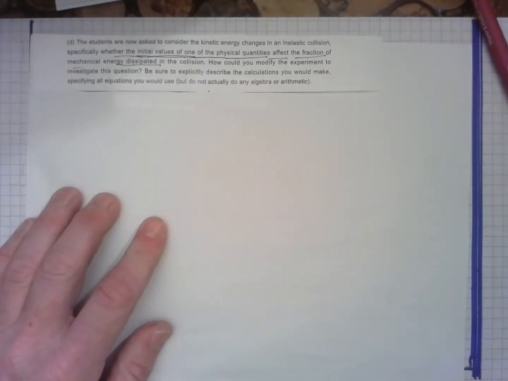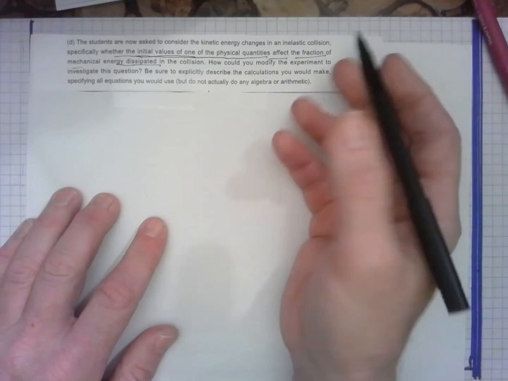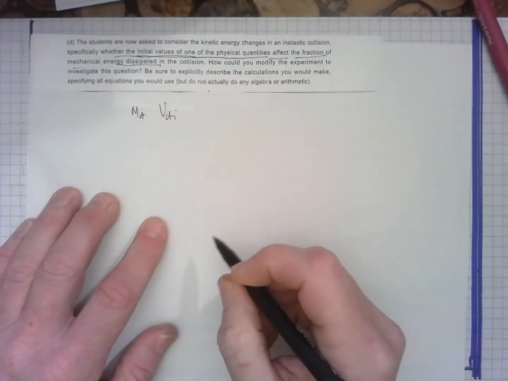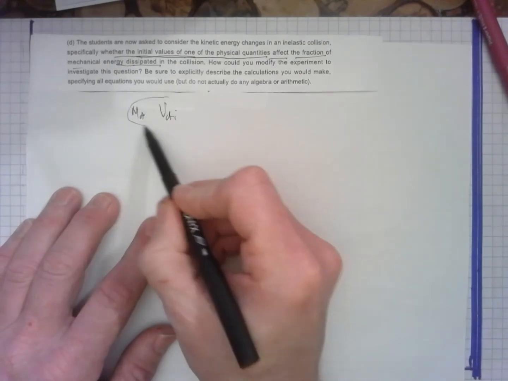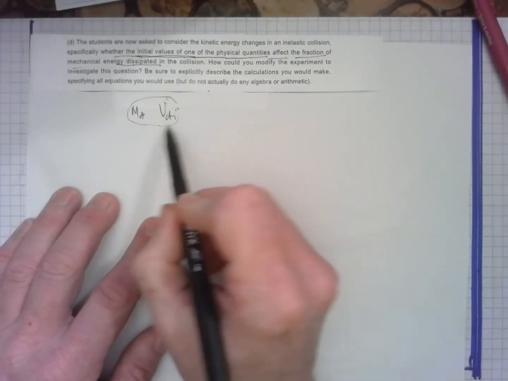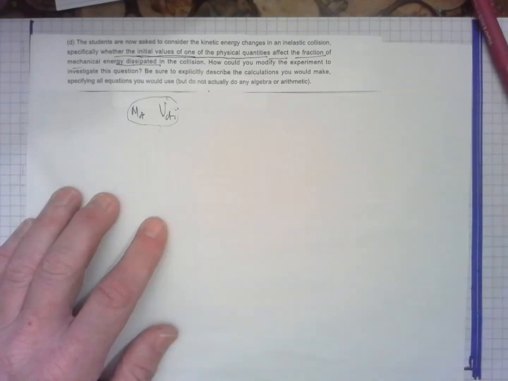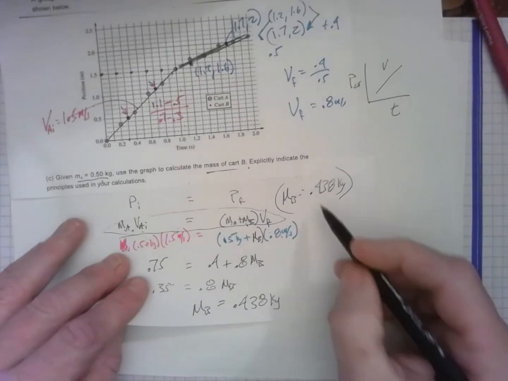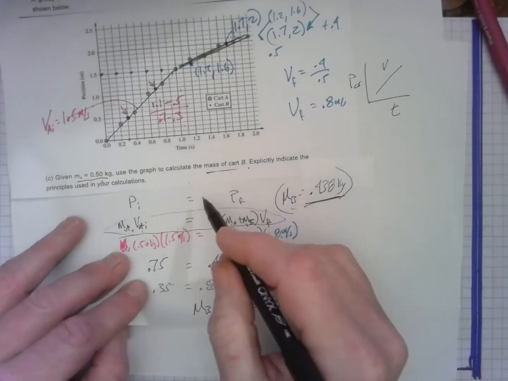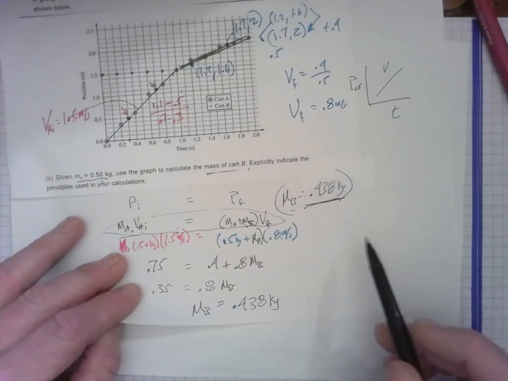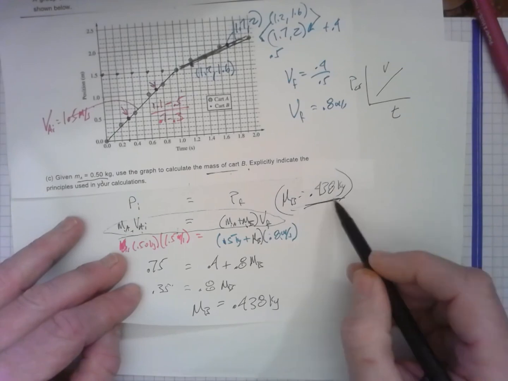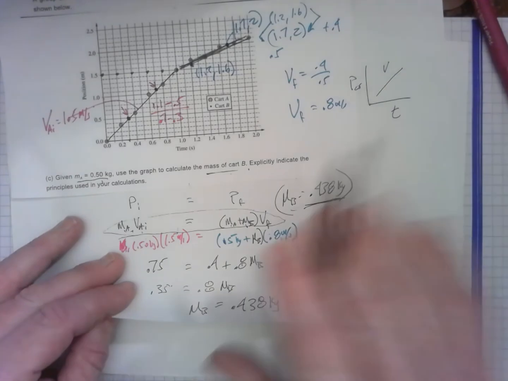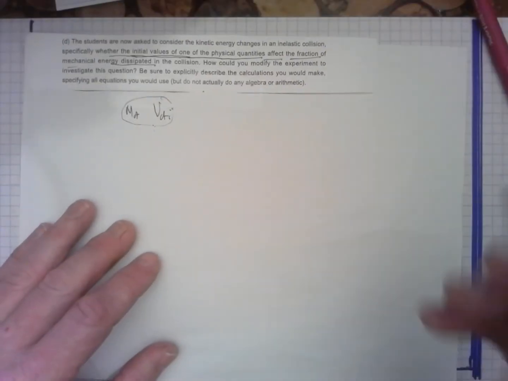So they're saying the only two things we have initially are either the mass of A or the initial velocity of A. And what they're saying is, set up an experiment where you vary one of these, do exactly what we did here, get the final velocities, right? And the initial. In fact, you would just pick a mass for B and leave it. So in this case, you would just pick whatever mass B you want and deal with it.